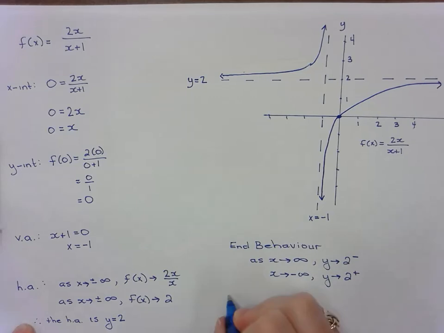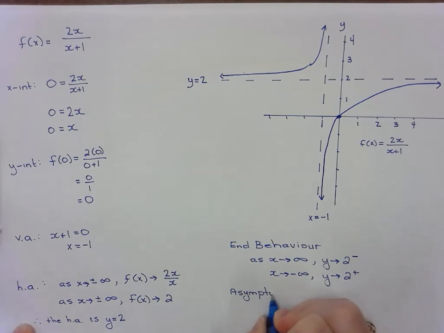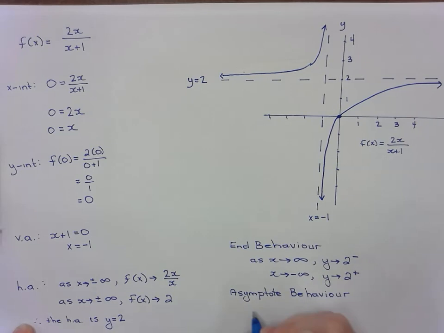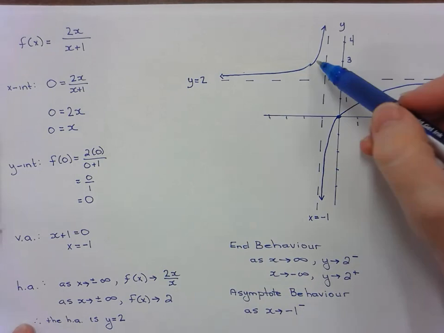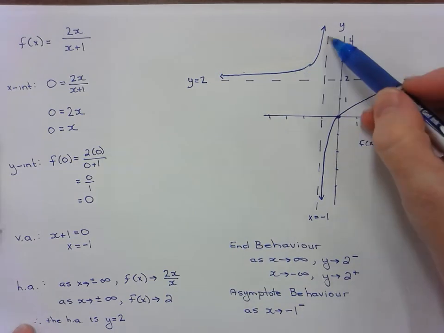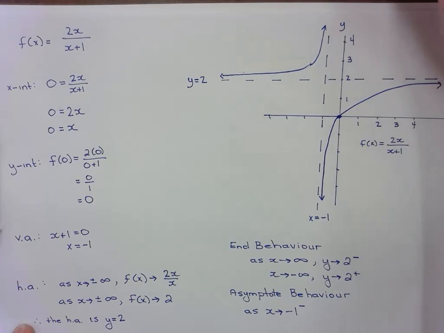When I talk about my asymptote behavior, I'm really talking about my vertical asymptote behavior. So I take a look at what's happening as I approach that vertical asymptote from the left and from the right. As x approaches negative 1 from the left, remember this little negative up here means from the left, so I'm on the left-hand side of the asymptote, my y values are going up towards positive infinity.